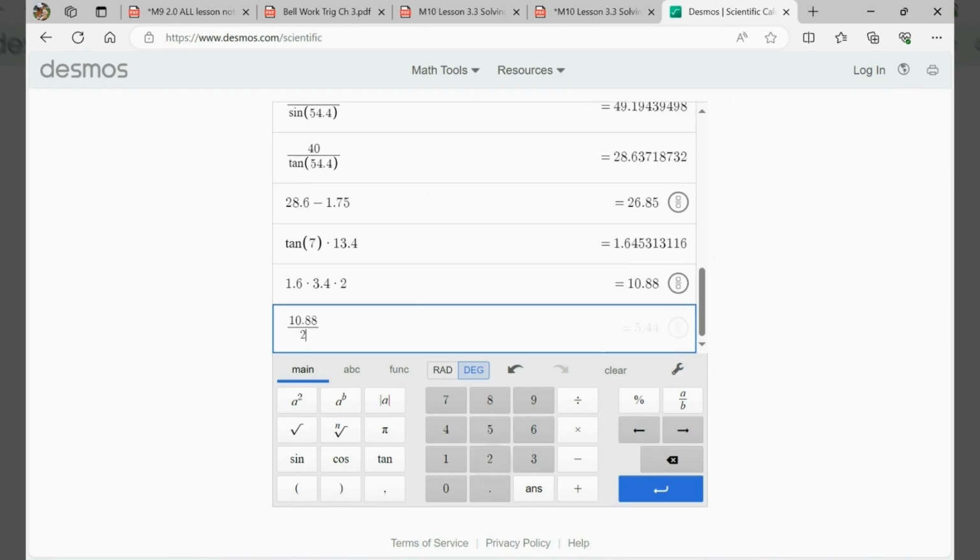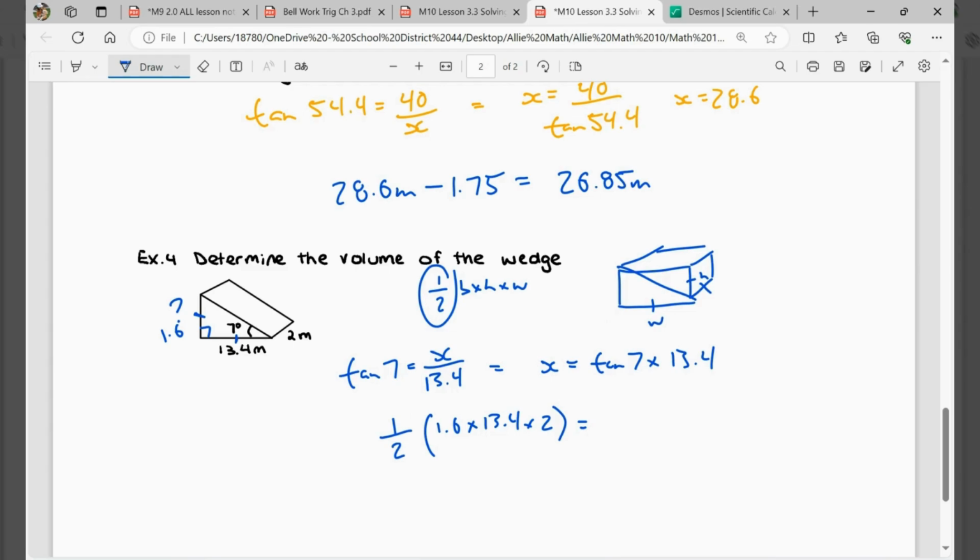Divided by 2, we get 5.44 meters cubed. Thank you so much. I'll let you know what textbook questions I'd like you to do.